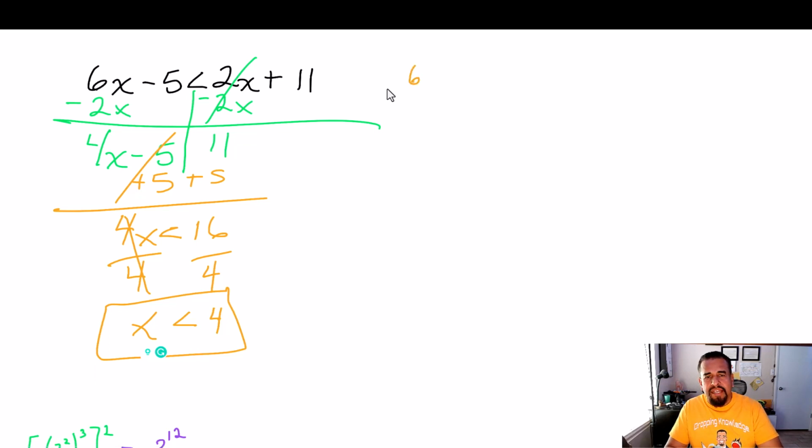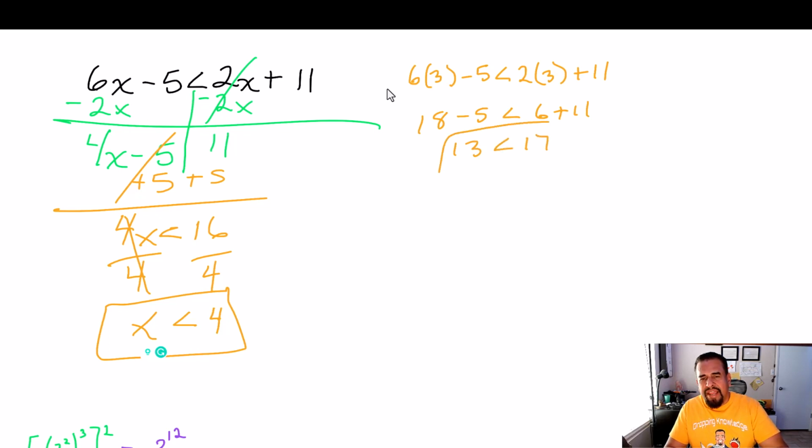So it's going to be 6 times 3 minus 5 is less than 2 times 3 plus 11. So this is going to be 18 minus 5 is less than 6 plus 11. This is going to be 13 is less than 17.